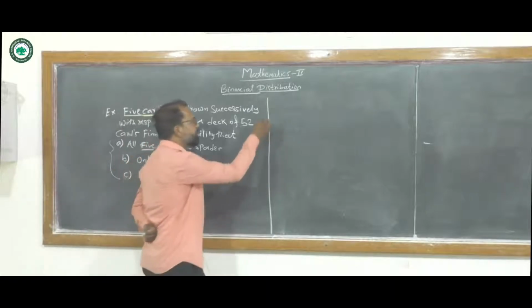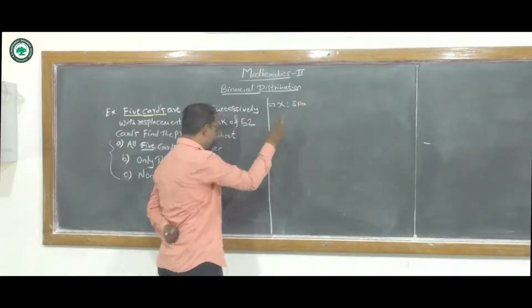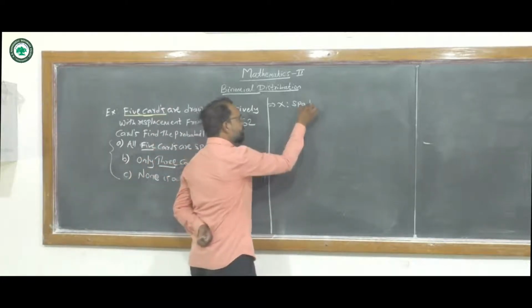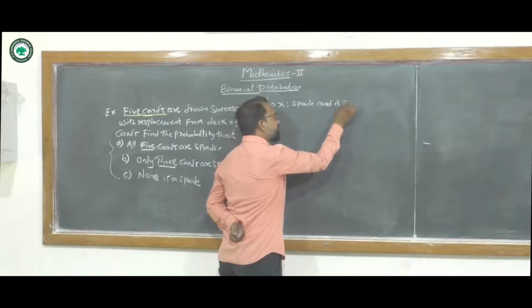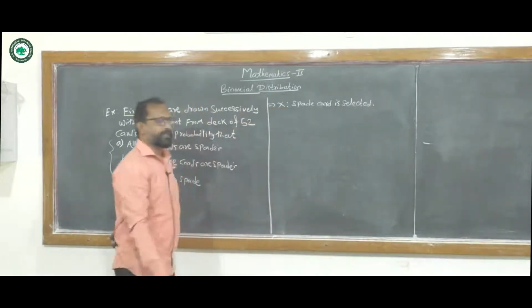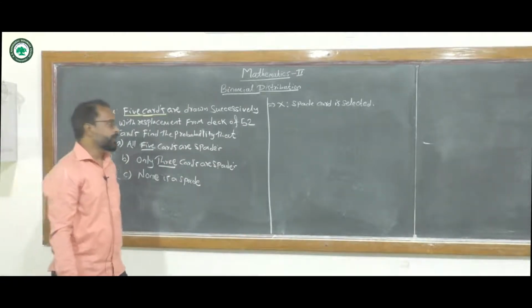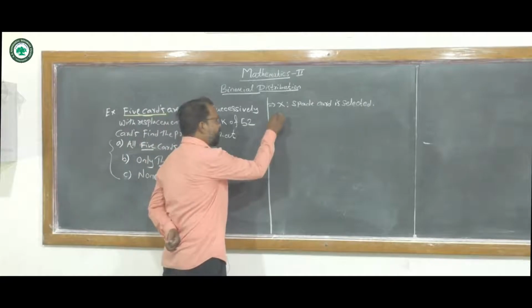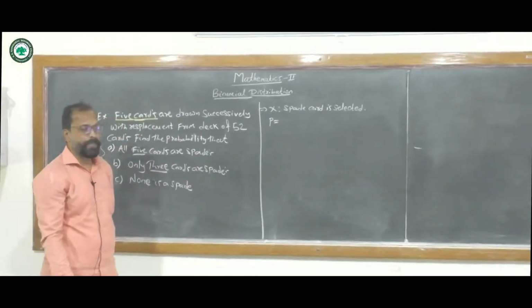So we define here, let X be that a spade card is selected. We consider X, that is the success, as a spade card being selected. So the probability of success is the probability of getting a spade card.